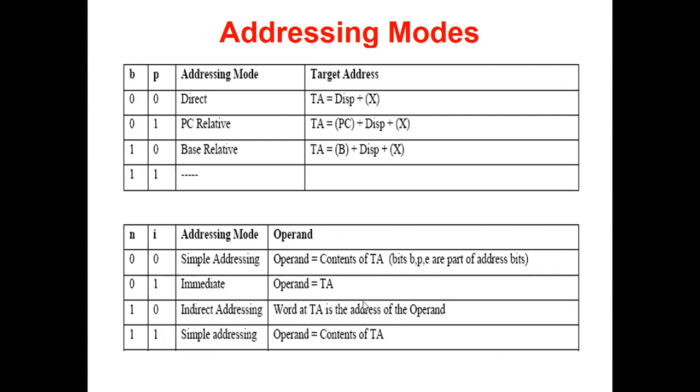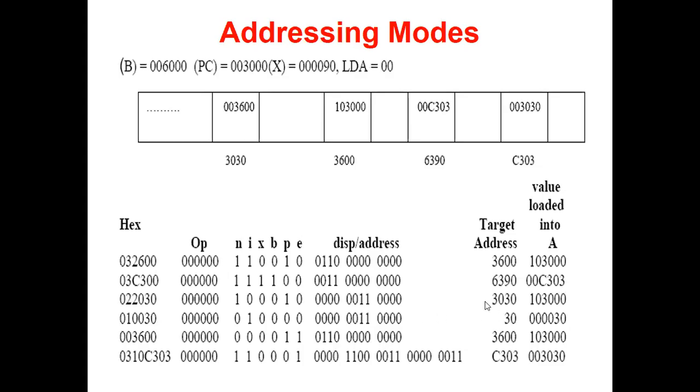So when you look at this one, you get 3030. If it is indirect addressing, the contents of 3030 is the address of the required operand. So here the contents is 36. So the memory location 36 is the one which has got the required operand, which is 103000.